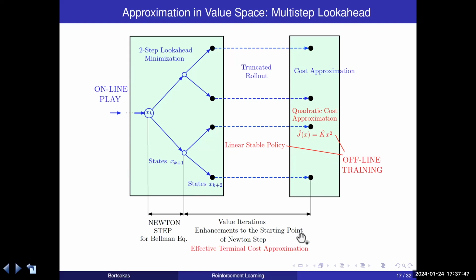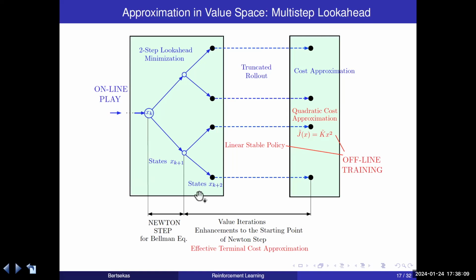These extra steps serve to bring the cost function approximation closer to J star and perhaps into the region of stability so that the Newton step can be effective. That's the whole idea that I'm going to try to get across to you.